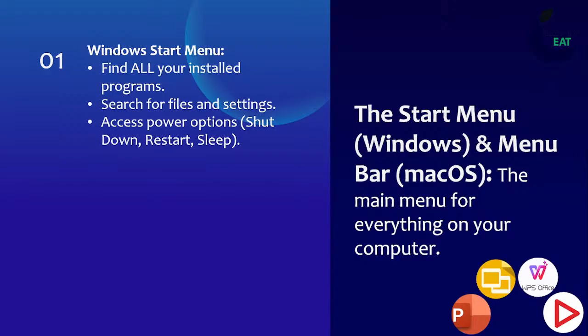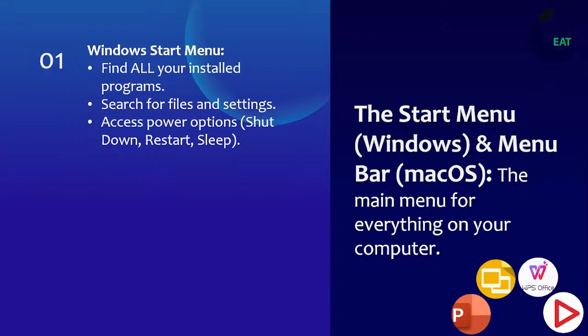So the thing here is you click the Windows icon at the bottom left, if you are using older Windows like Windows 8, Windows 8.1, Windows 10. You notice that it is not really at the left in Windows 11, but in the middle in Windows 11.